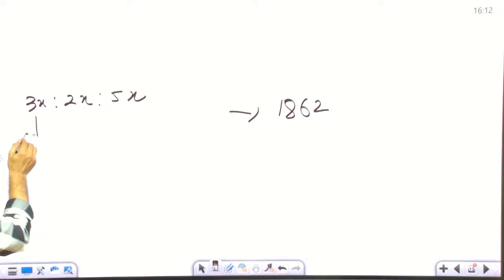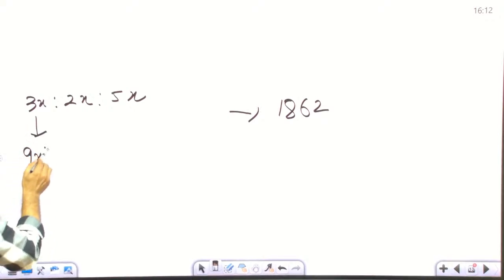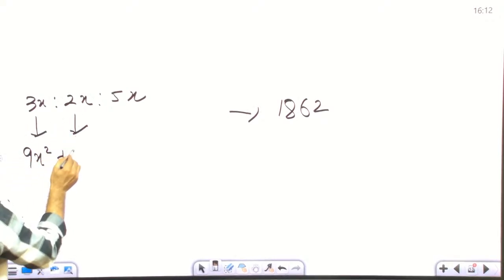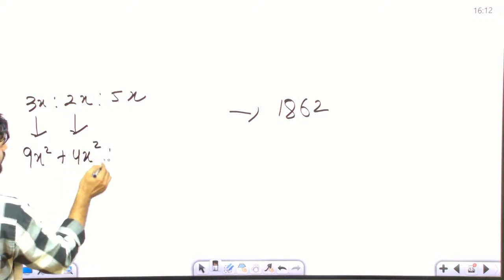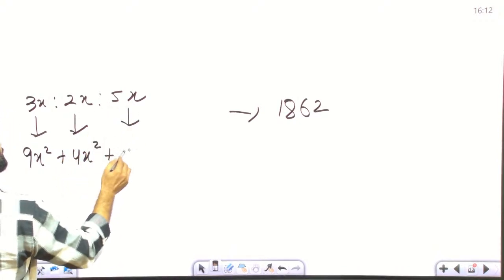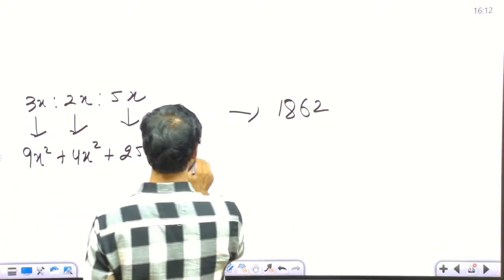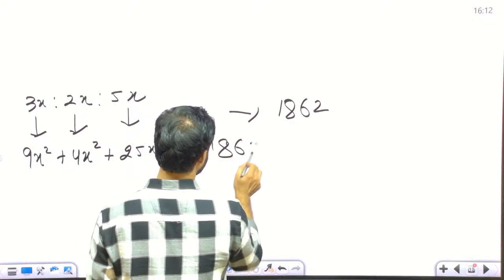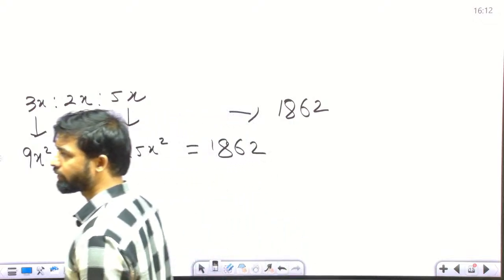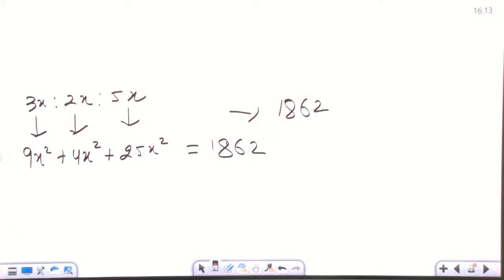So the square of 3x will be 9x square, the square of 2x will be 4x square, and 5x will be 25x square. And the sum of these squares is 1862. Any problem?